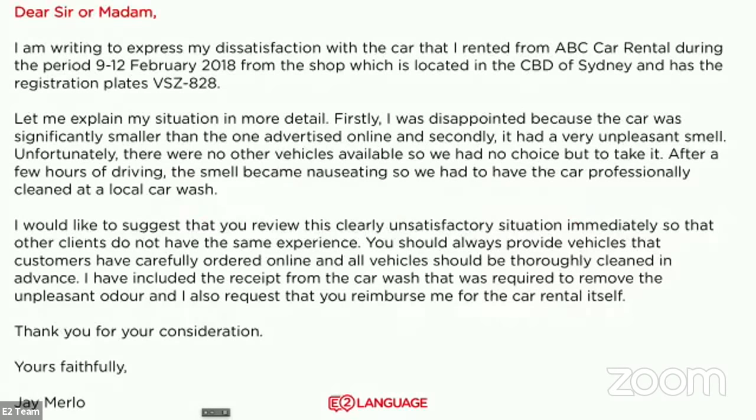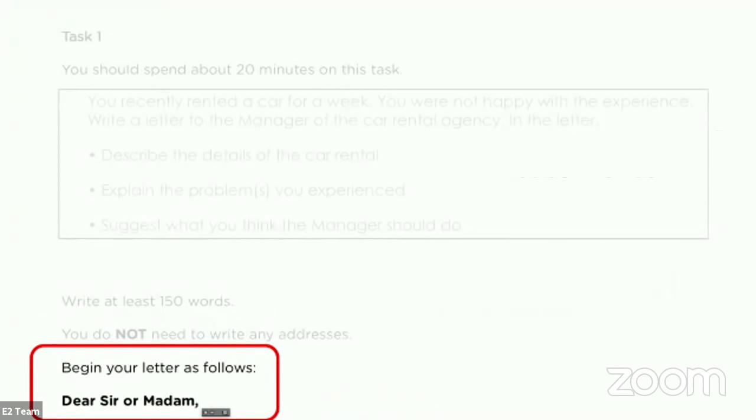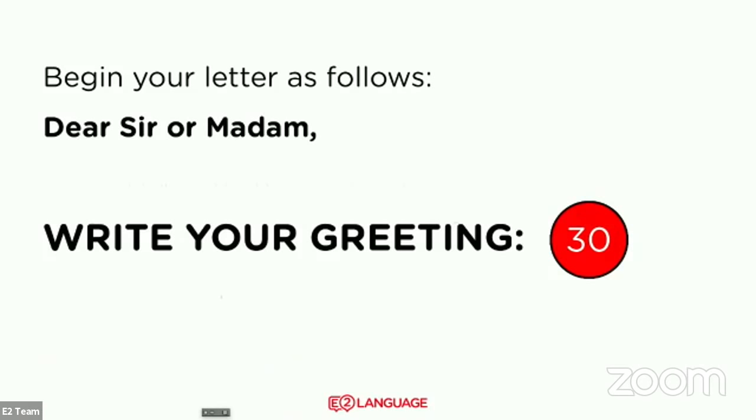I want you to write the greeting, dear sir or madam. As you can see, it's in the instructions written here. I want you to copy that exactly. Please write it on a piece of paper. You have 30 seconds.